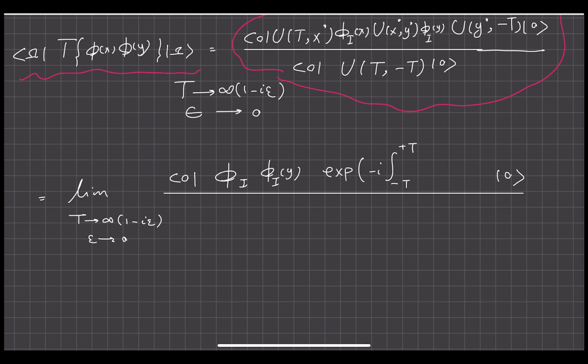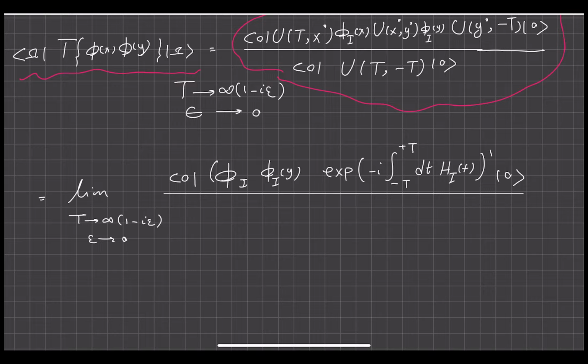So I'm going to express that U in terms of exponential of the interacting Hamiltonian, dt H_I(t). And all of these operators should be time ordered.